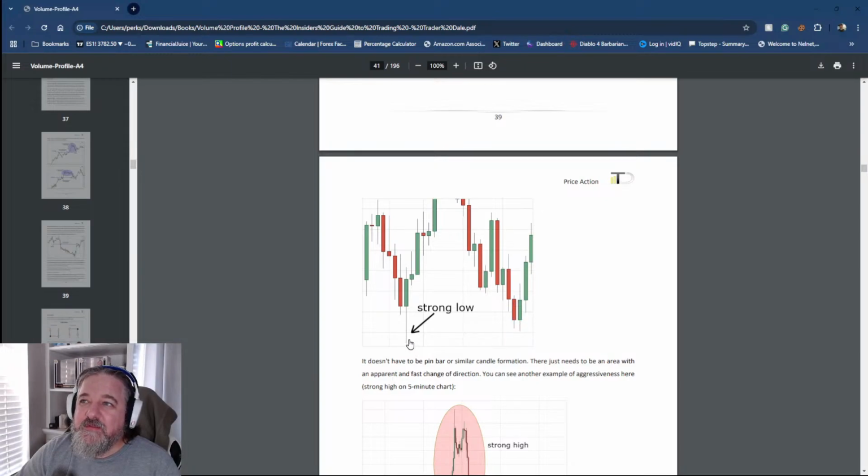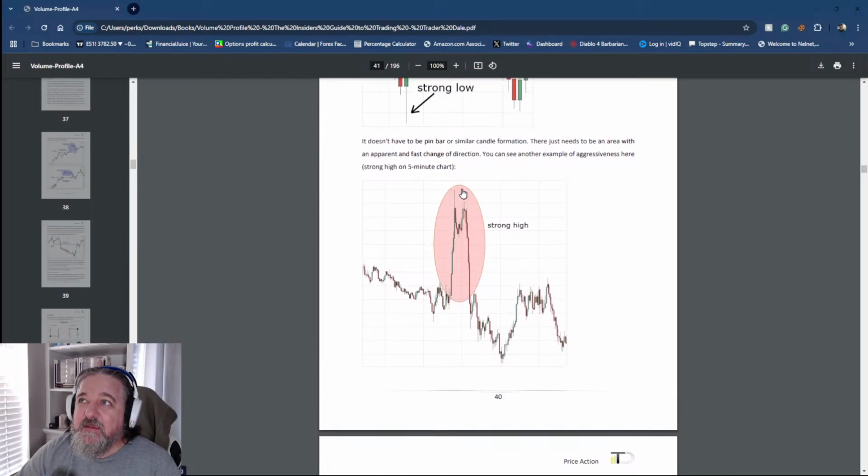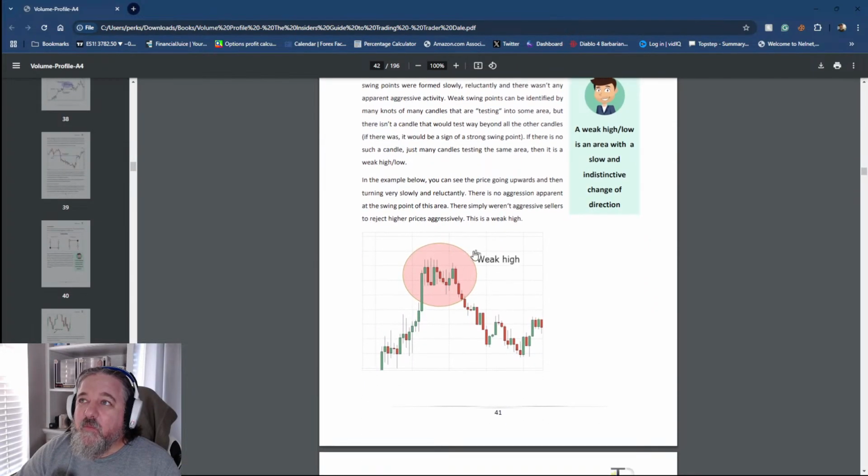So this would be the distinction between a strong low and a poor low. Strong high here, where we came up, tapped it, price went away from it, didn't come back to it. Weak high, where we touch it, sell off. When price comes back to here, you would expect it to break above and go higher.